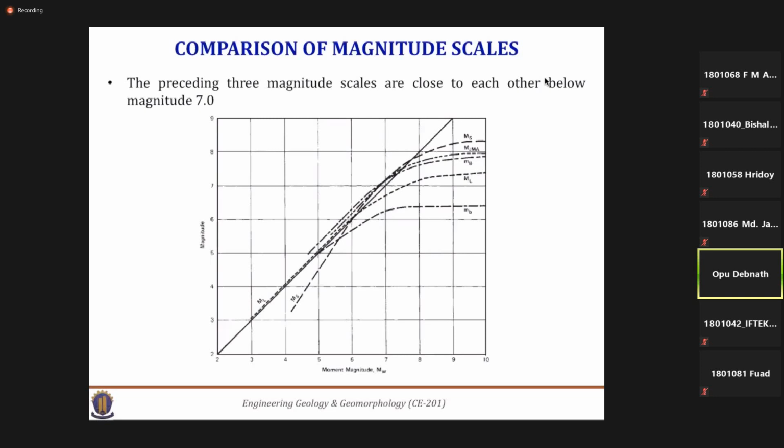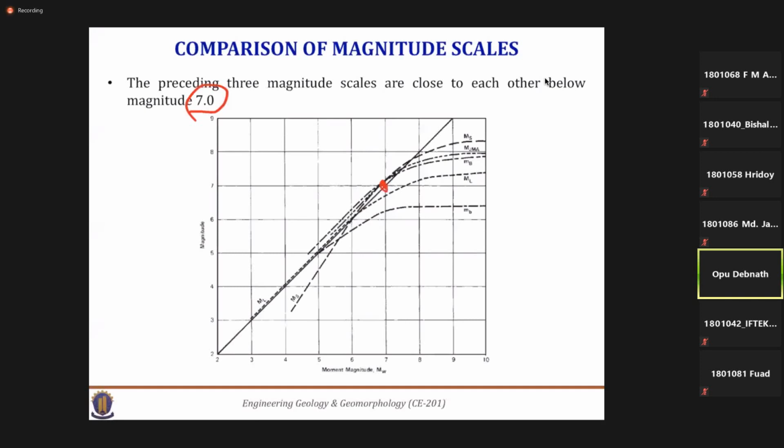But in reality, if we place all these graphs on a single paper, it is sometimes found that for magnitudes close to 7 or below 7, suppose this is 7, at this point all of them have negligible variation.